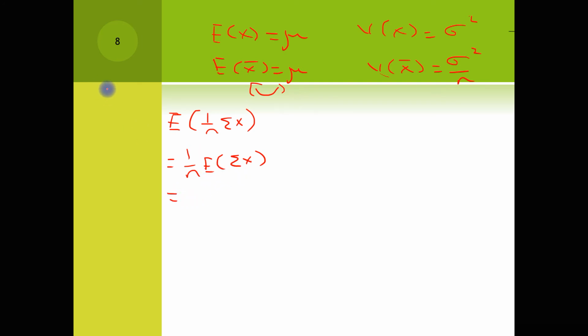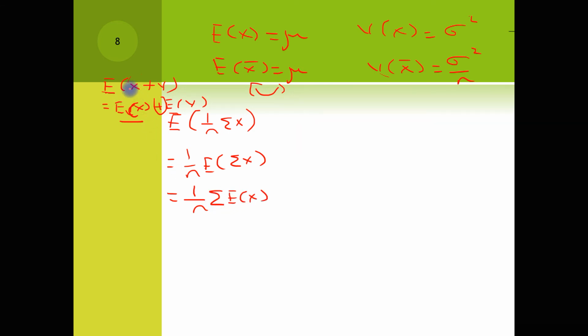That is, the expected value of a sum x plus y can also be written as the expected value of x plus the expected value of y. What does it mean? The expected value of a sum is the sum of the expected values. I can write it down like that.